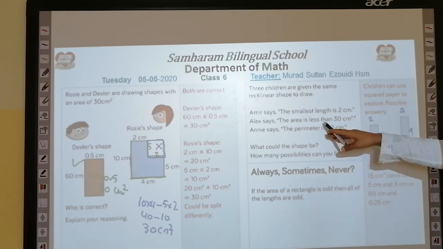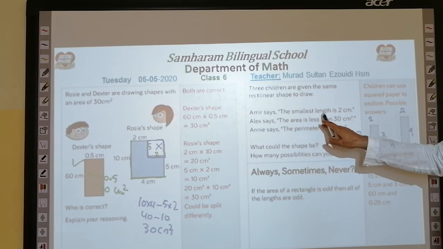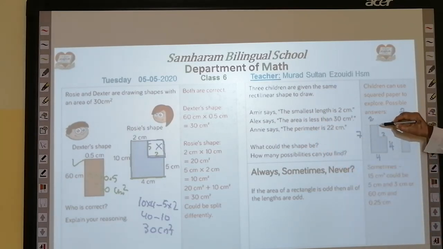Amir said the smallest length is 2. This is 2. The smallest length is 2 centimeters. Alex said the area is less than 30 and Annie said the perimeter is 22 centimeters.